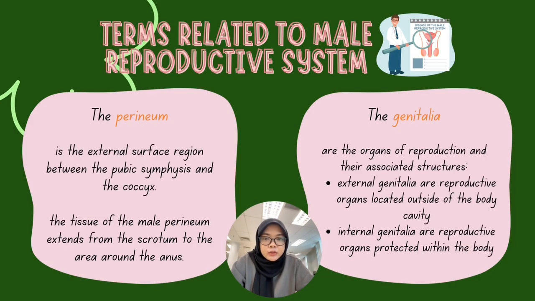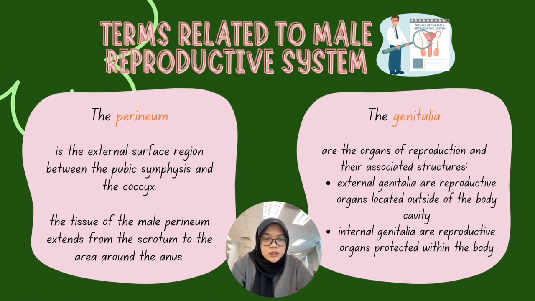Next, moving on to the terms related to the male reproductive system. First, we have the perineum, which is the external surface region between the pubic symphysis and the coccyx. The tissue of the male perineum extends from the scrotum to the area around the anus.